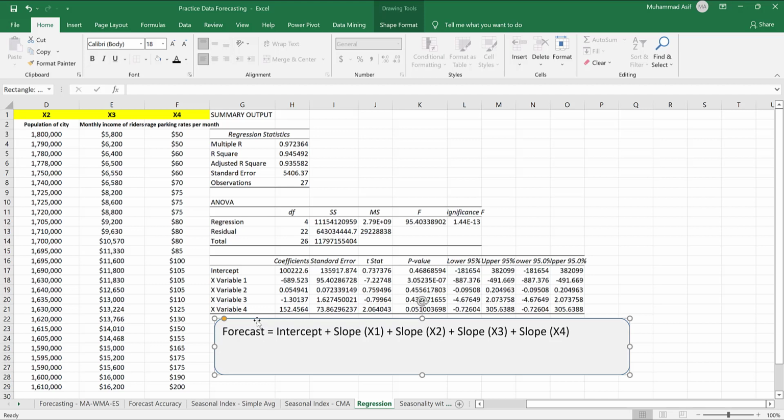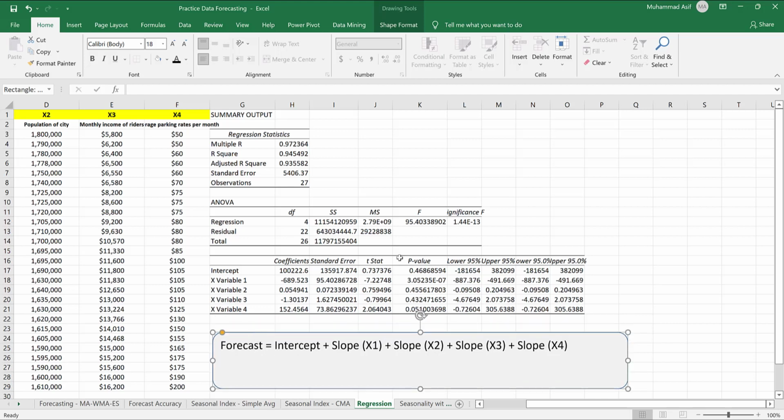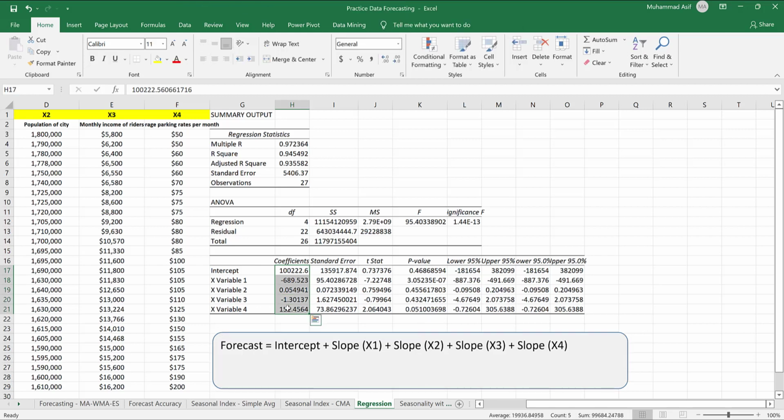Some other things that are important over here, another thing that we will discuss later on in hypothesis testing, are these p-values. This p-value is very low, which means variable 4 has a significant effect. And this one is also very, very low, because this is 10 raised to the power minus 7, which means this one also has a very strong effect.